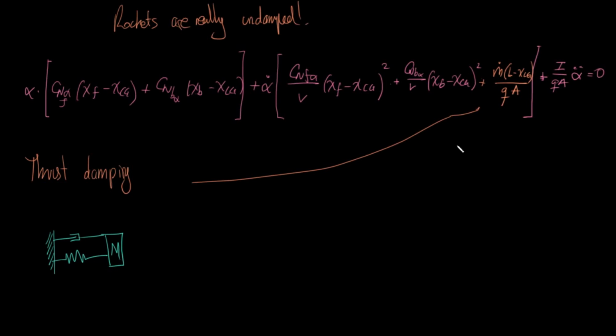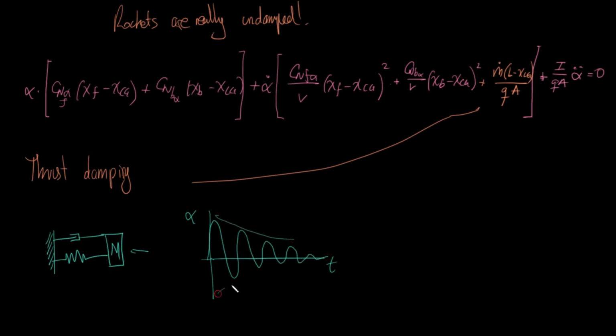It's a second order system. And what's it going to do? If this is alpha and time, it's going to oscillate if we give it a kick, but in a damped way.